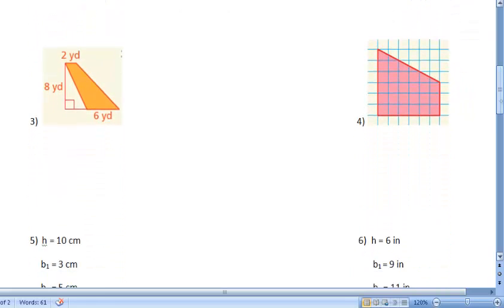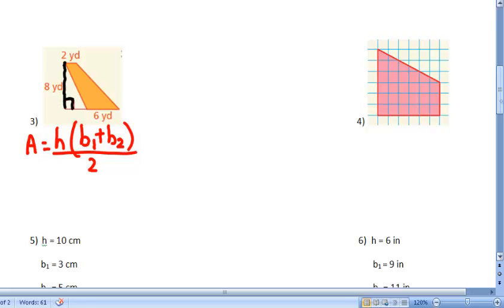All right, now the same formula applies here also. So I have area equals the height times the sum of the two bases, and the whole thing is divided by 2. The height in this case goes straight up and down, making that 90-degree angle, that's the height.